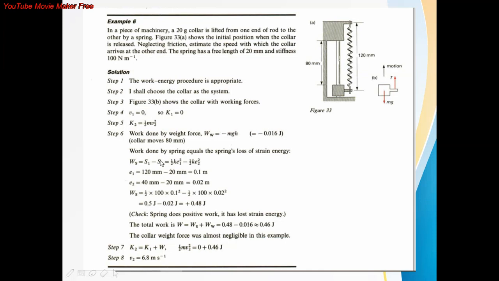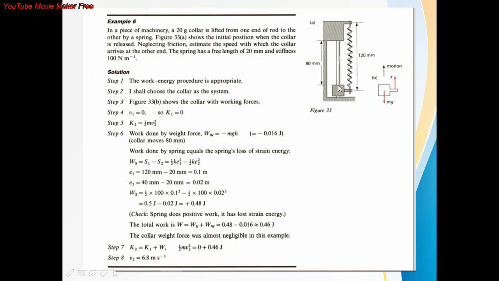Now the next thing is work done by the spring, which is equal to the spring loss of strain energy, right? So this will be equal to S1 minus S2, that is the spring energy when the collar is here, and the spring energy when it reaches here.